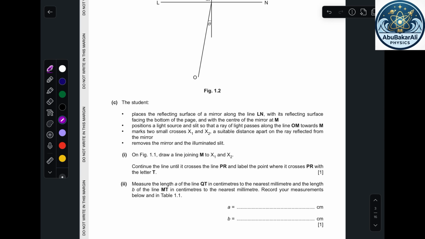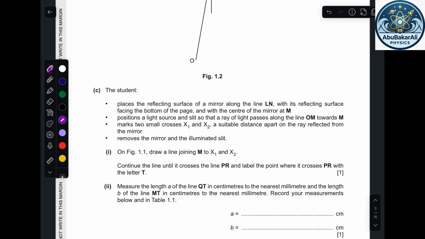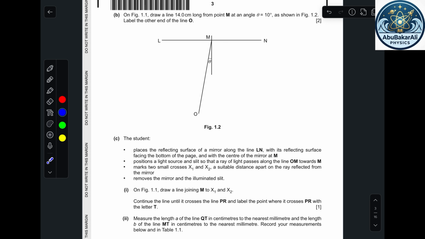What we have to do now, they are telling us again some information: the student places the reflecting surface of the mirror along the line LN with its reflecting surface facing the bottom of the page, with the center of the mirror at M. So that is how the mirror is placed, and downward it will be the reflecting surface.